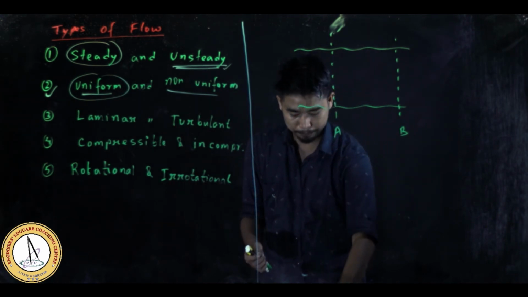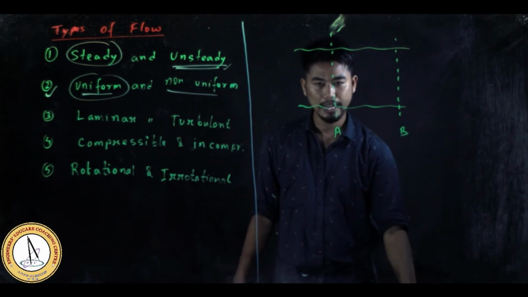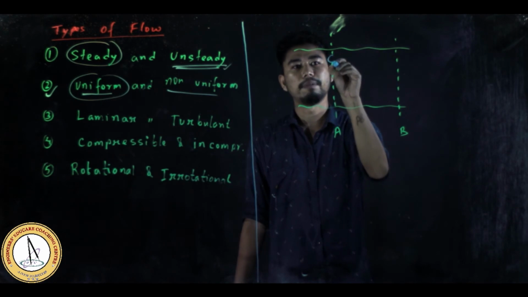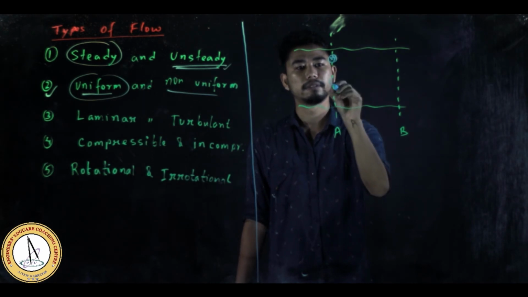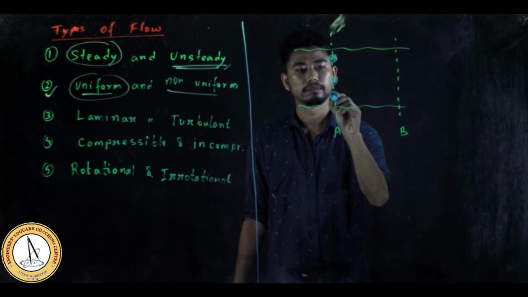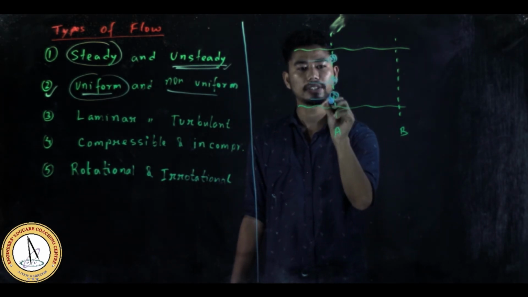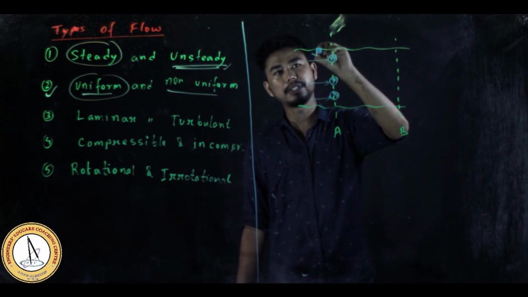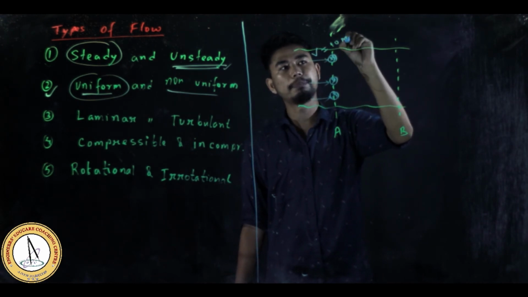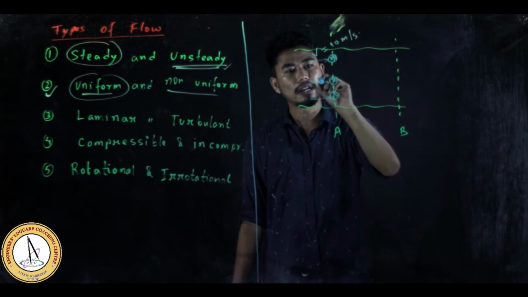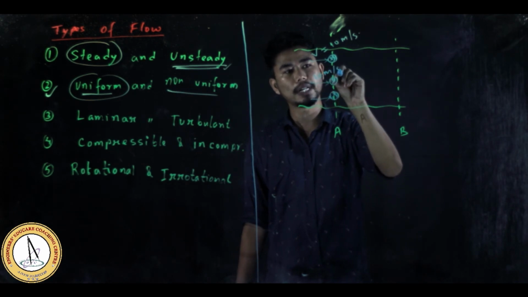Now let's say at cross section A, I have some fluid particles. These fluid particles are moving in this direction. Let's say the velocity here is, for example, 10 meter per second. Here also, 10 meter per second.